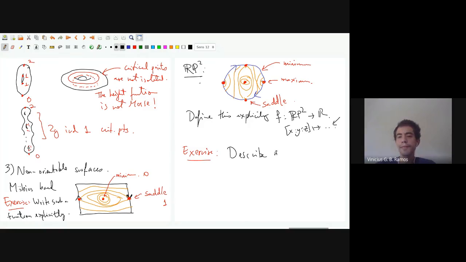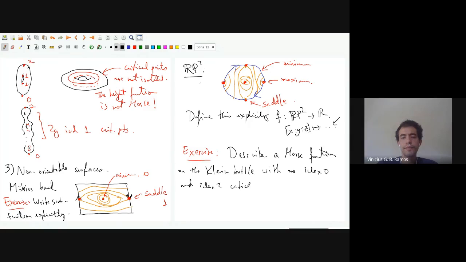So describe a Morse function on the Klein bottle with one index 0 and one index 2 critical point, and 2 index 1 critical points.